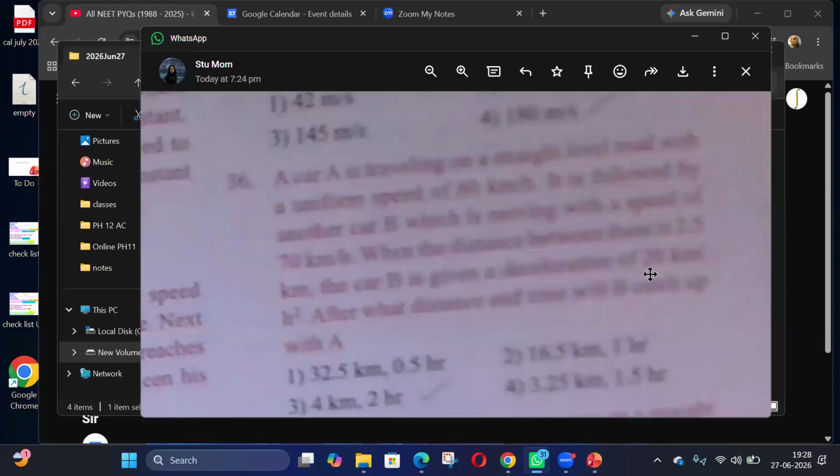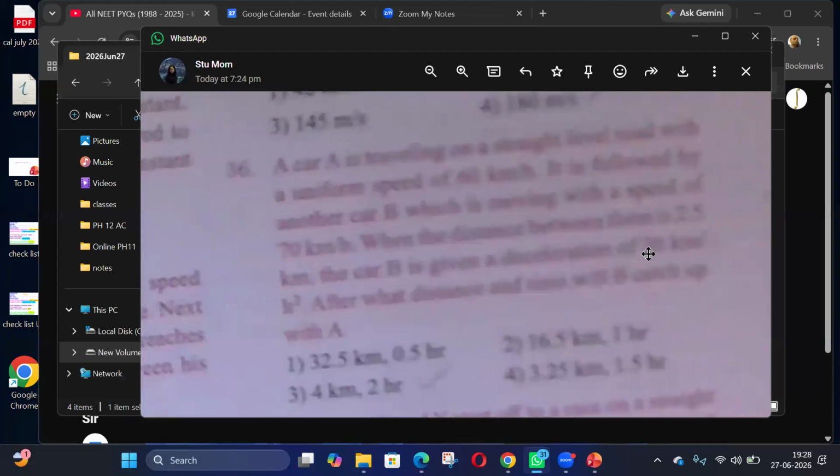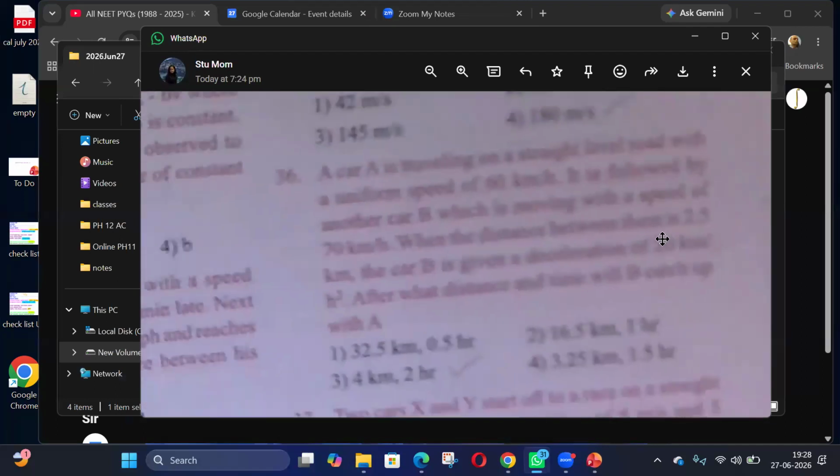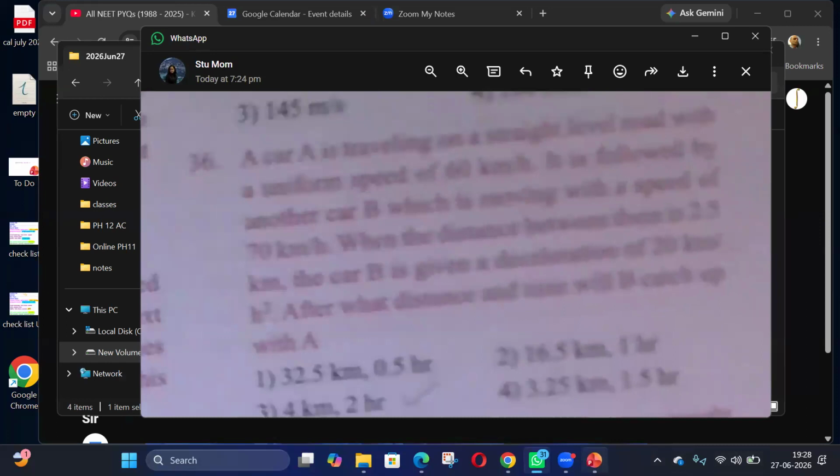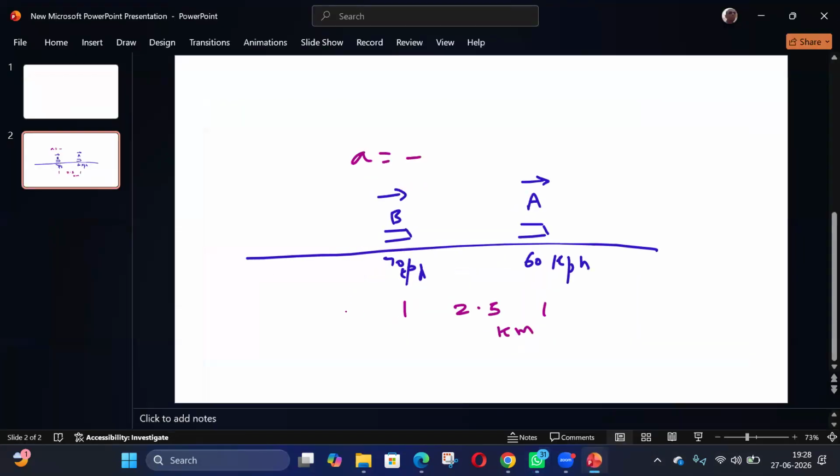Is it 2.5 or 20 or 2? I think it's 20. The distance is 2.5 kilometers. The deceleration of B is 20 kilometers per hour square. So let me take that instant when they are separated by 2.5 kilometers. The acceleration of B is negative, because it is deceleration.